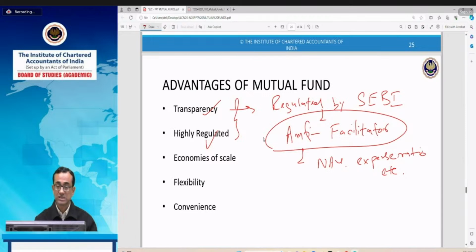So transparency is there in the mutual fund because it is regulated by SEBI, facilitated by AMFI, and every piece of information is there on the website of the mutual fund companies and also on the website of AMFI.